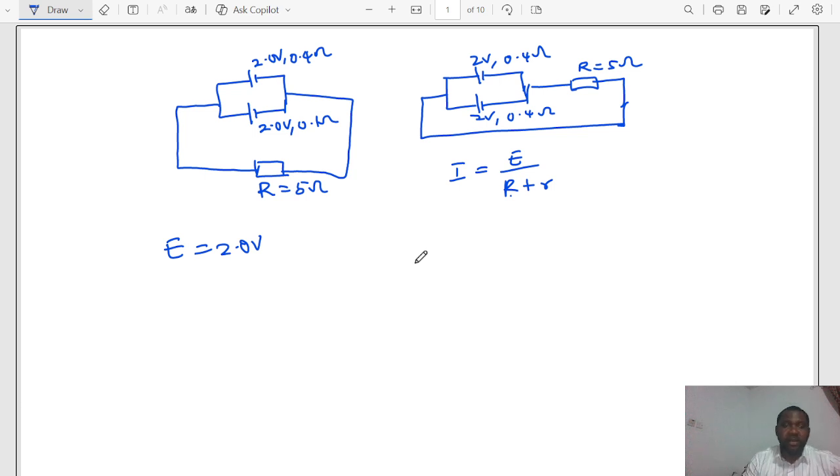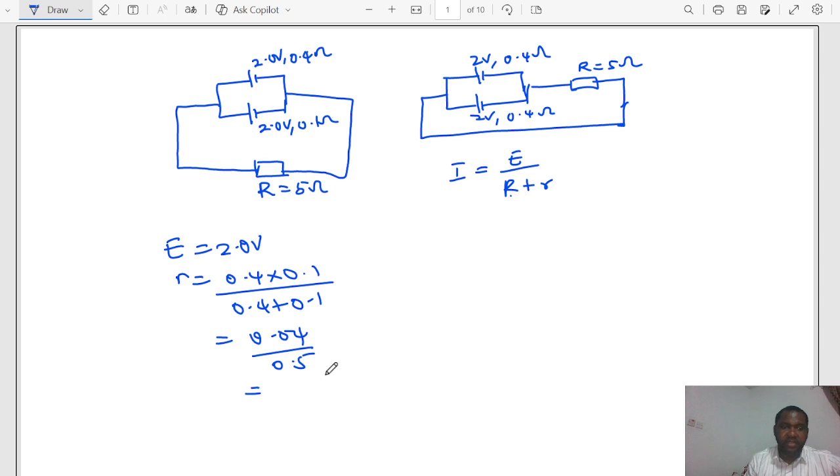Now for the internal resistance, they are in parallel, so I will apply parallel connection. 0.4 times 0.1 all over 0.4 plus 0.1, right? This gives us 0.04 divided by 0.5, which is 0.08 ohms.